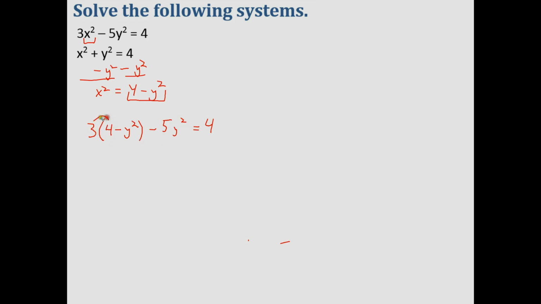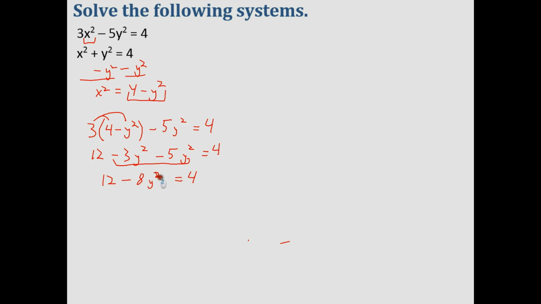We'll distribute. We get 12 minus 3y squared minus 5y squared equals 4. And we combine like terms. We have 8y squared, so 12 minus 8y squared equals 4. And notice here, this is already just a perfect square. So let's just go ahead and solve for y squared.